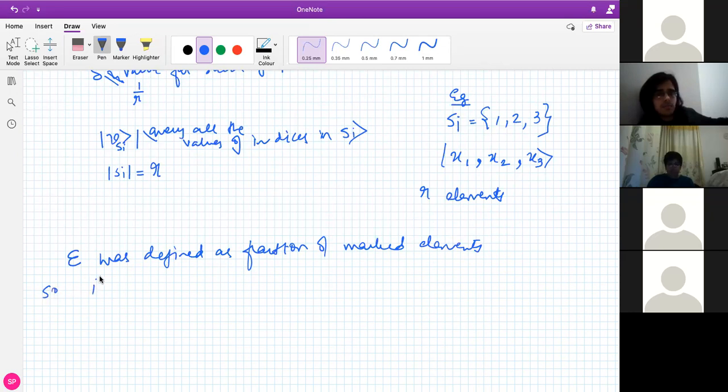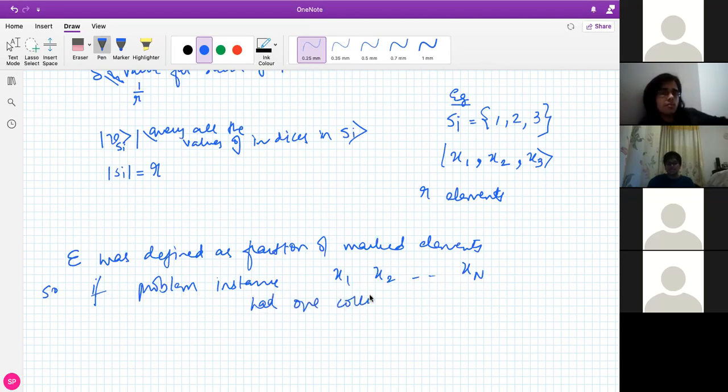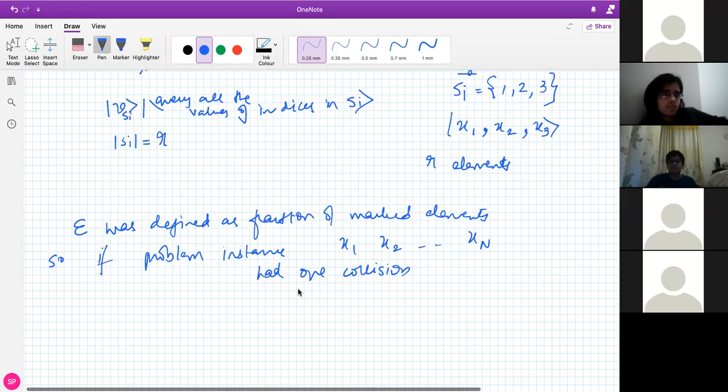So if my problem instance, that is, I'm given x1, x2 up to xn, had one collision, let's say, or no collision.